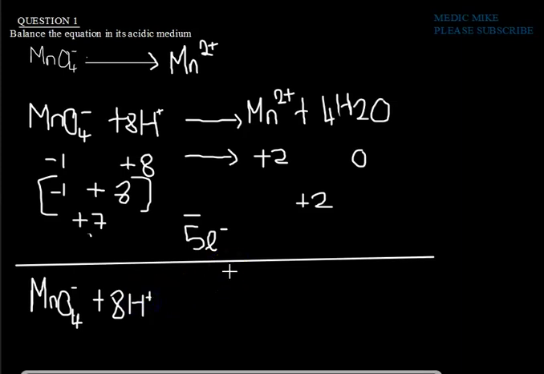so at this point we would apply our rule of adding 5 electrons to the side with the higher charge. Now the reactant side is the side with the higher charge, which is +7, and we said electron is carrying a negative charge, so it will be -5 + 7, which is +2, getting it balanced with this side of the reaction. So at this point we'll be adding the 5 electrons.